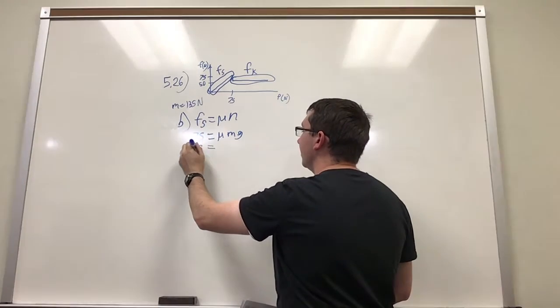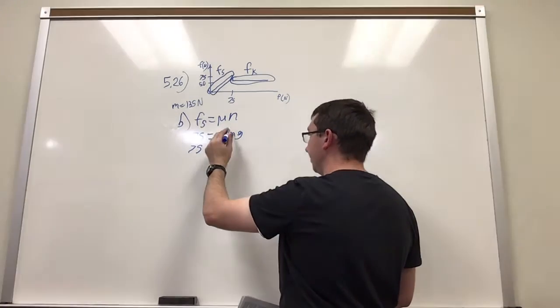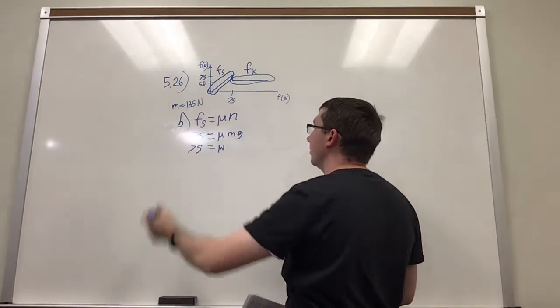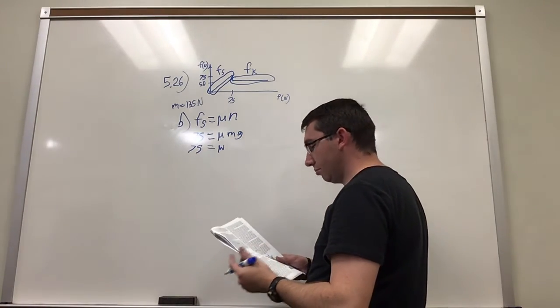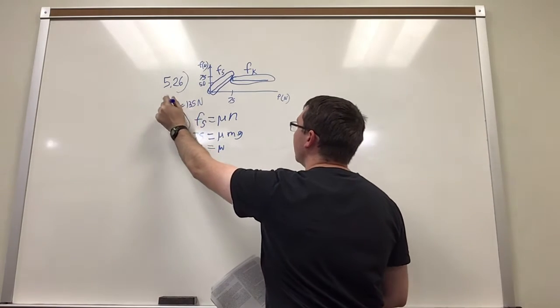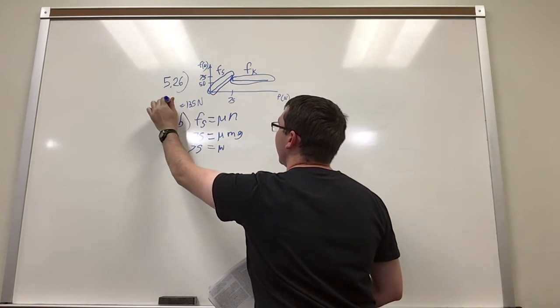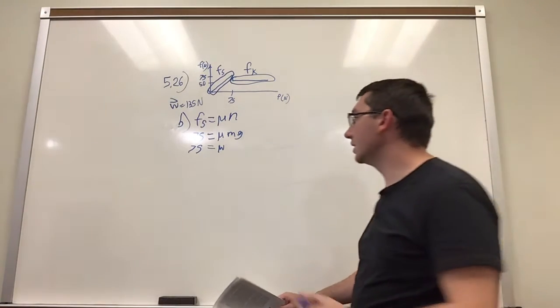So 75 is going to be equal to the coefficient times the force of the block, because it's the block resting on the table, which would actually be, instead of its mass, its weight, which is the mass times gravity.